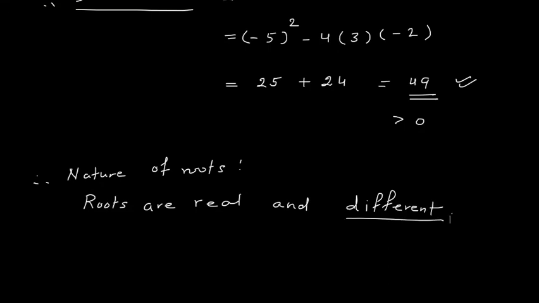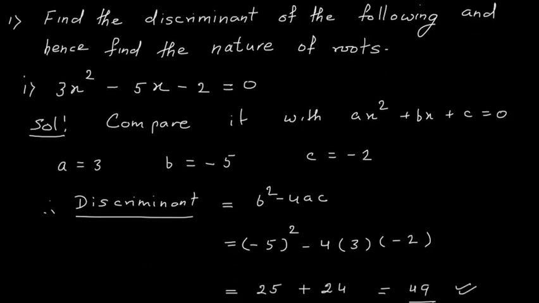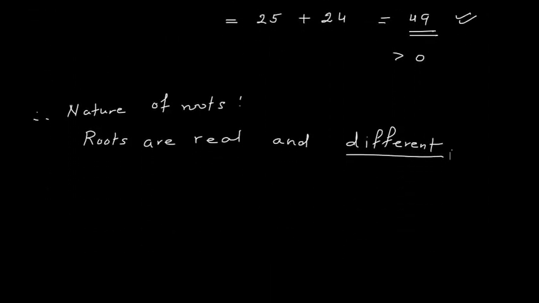So you understand how the problem is. What you have to do is find discriminant and then based on the value of discriminant you have to judge about the nature of root. So when discriminant is greater than 0, roots will be real and different.